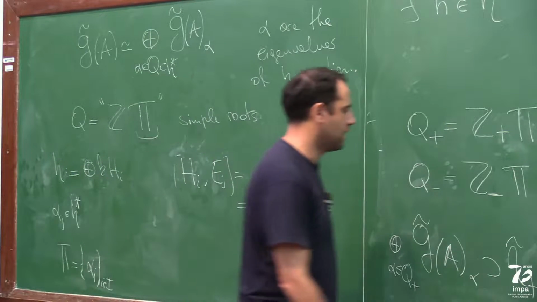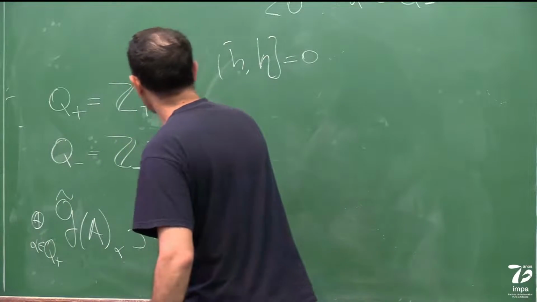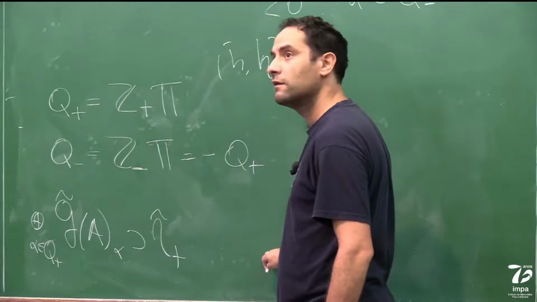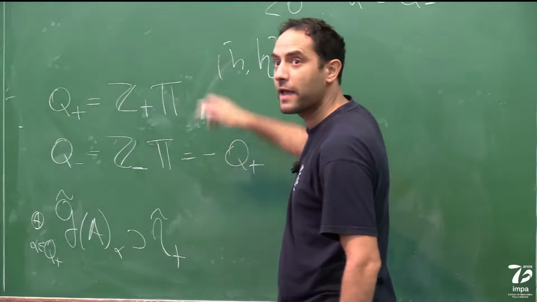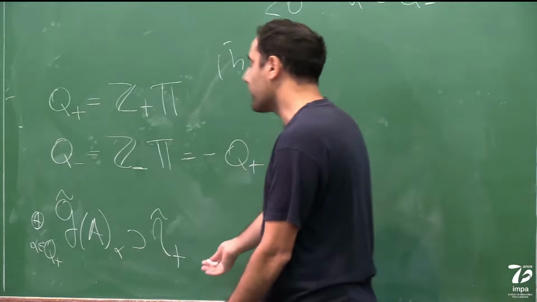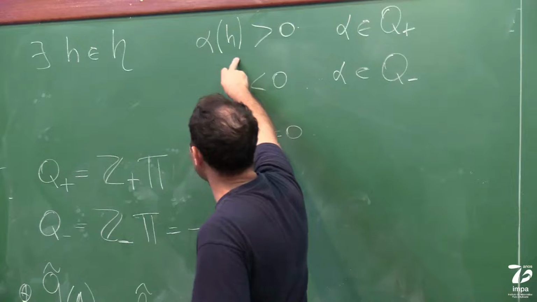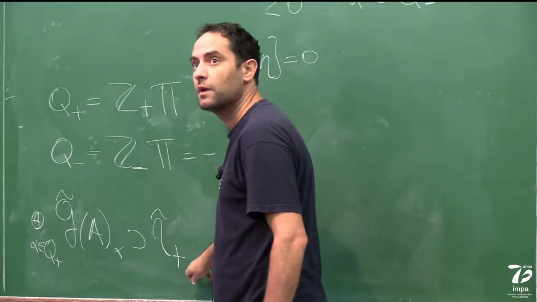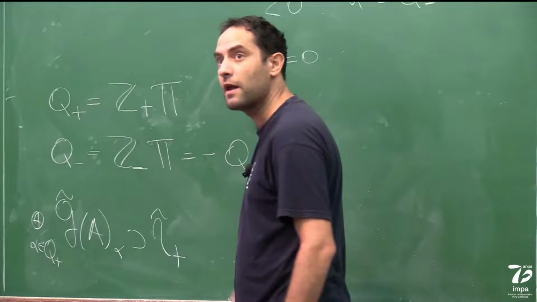Then I want to construct an H that distinguishes the positive part and the negative part by eigenvalues. That's very simple. I need to construct an element H that is positive on all these n plus, and negative on all of the n minus.